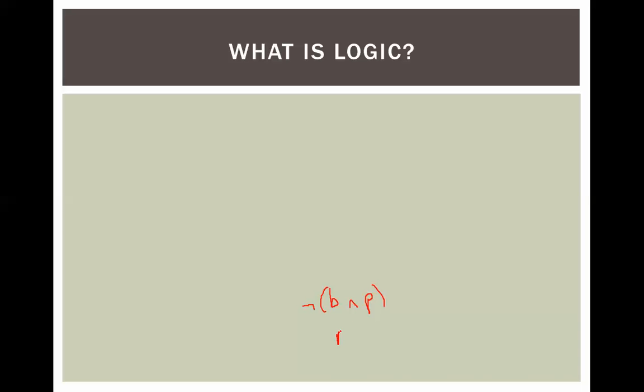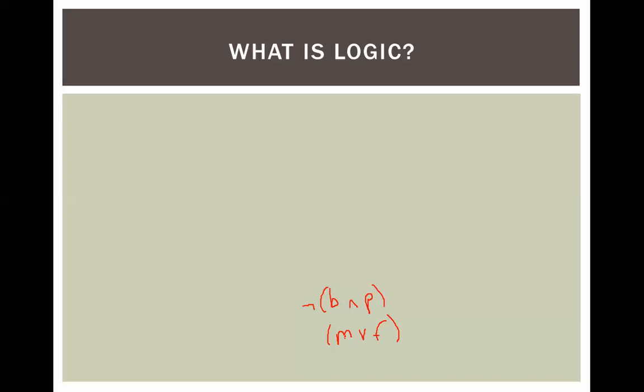So either you're going to the mall or you're going to hang out with your friends. M or F. What this means is at least one of these two things is true, possibly both, right? So at least you're going to the mall or you're going to hang out with your friends. Possibly you're going to do both of them. That's what that sentence means. But I don't know what your mom means, and I guarantee you if you present her with a logical argument, she's going to say, that's great, you can stay home now, right?